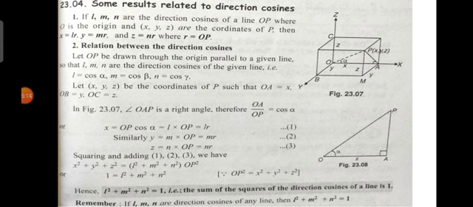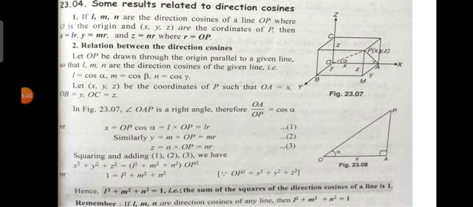And next are some results, which may be helpful for solving problems. The first is: if L, M, N are direction cosines of a line OP, where O is the origin and x, y, z are the coordinates of P, then x is L into R, y is M into R, and z is N into R, where R is OP.